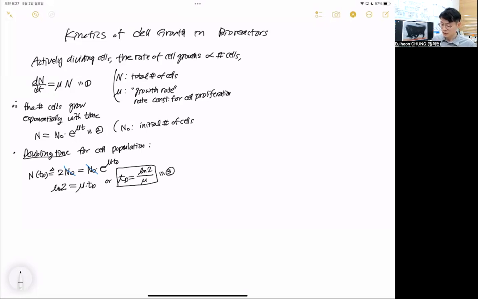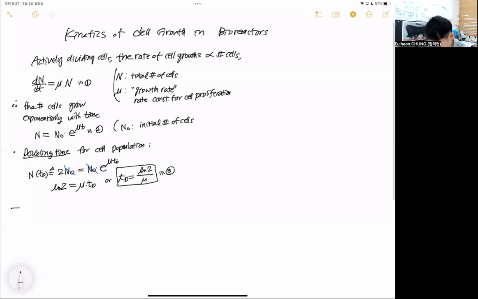So this is an ideal scenario, but in reality, the real cell growth, especially of cells derived from an animal, will be limited in that they have special properties of anchorage dependent and also density dependent cell growth.